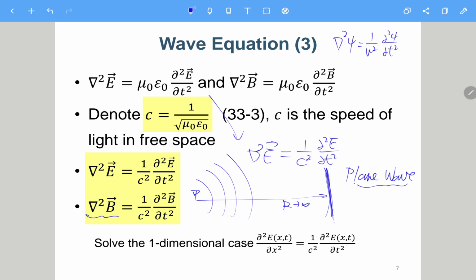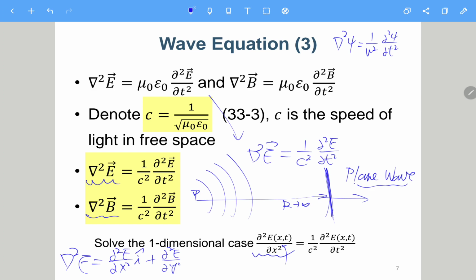So if we choose the axis to be the same as the propagation direction, then we just need to consider the E field in terms of one variable, let's say x. In general, the Laplacian of E would be the second partial derivative of E with respect to x squared, plus the second partial derivative of E with respect to y, and so on.